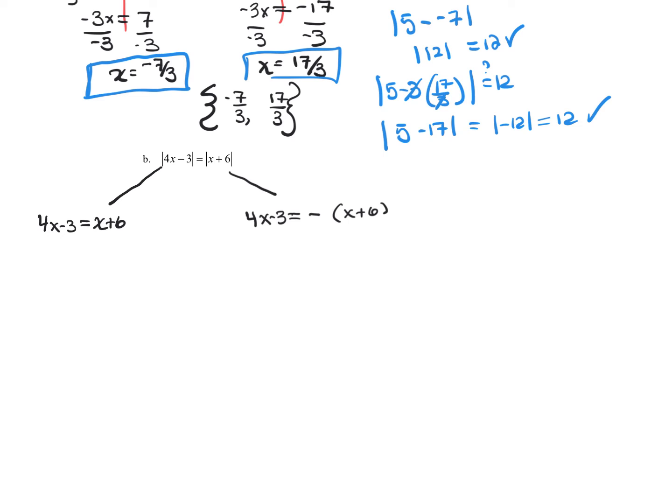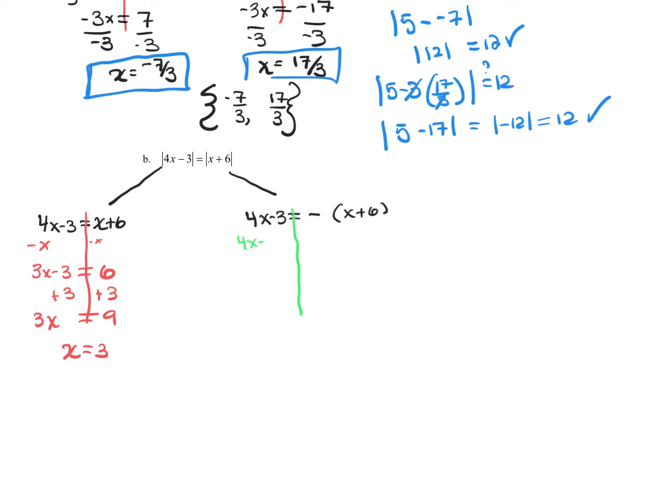So I'm going to solve this one over here first. I'm going to subtract the x over. I get 3x minus 3 equals 6. Add the 3 over. 3x equals 9. So x equals 3. Do the same thing in my other one, but I'm going to have to distribute first.